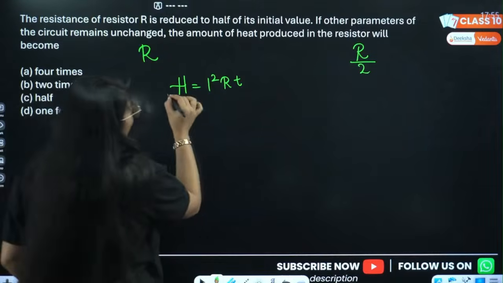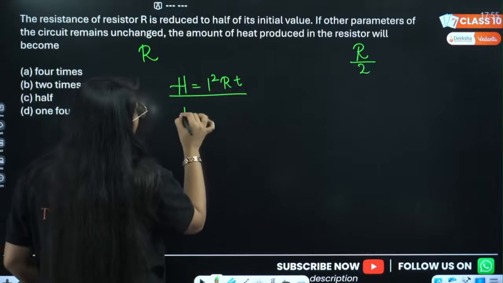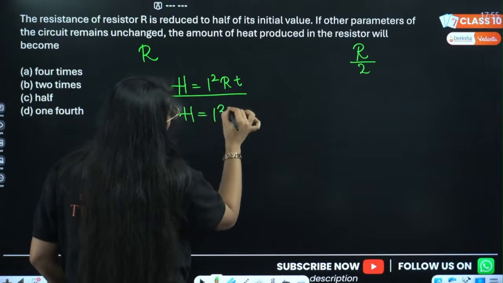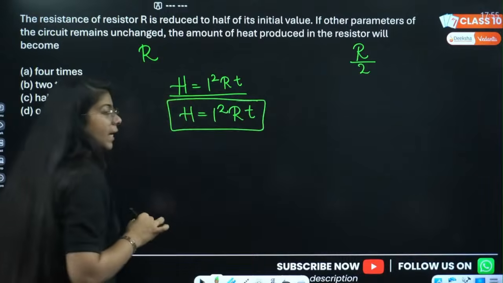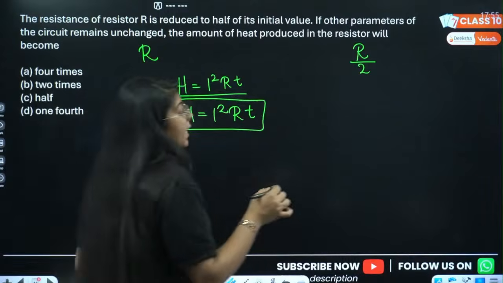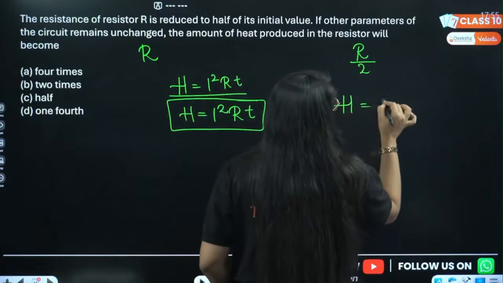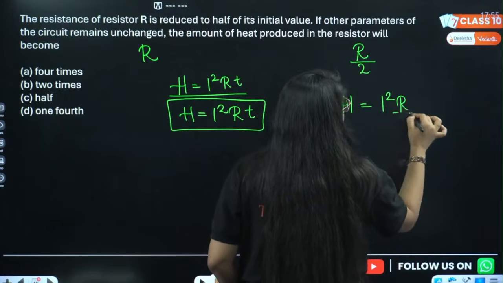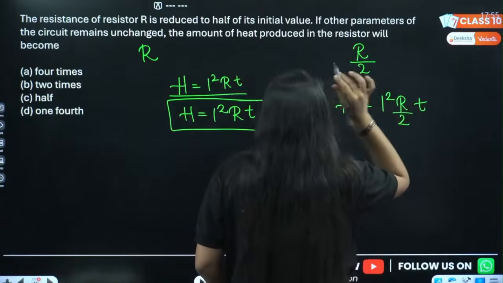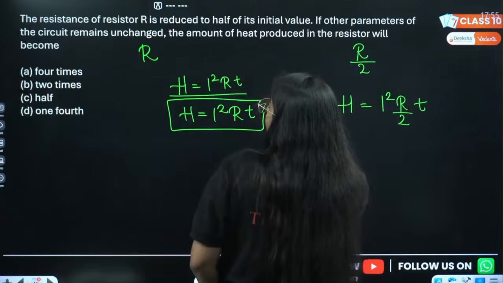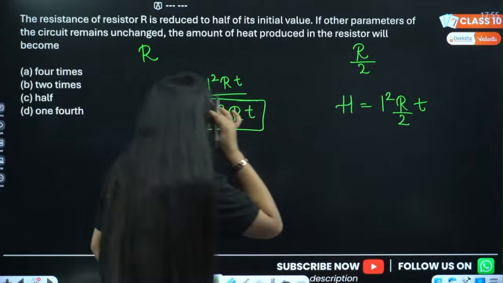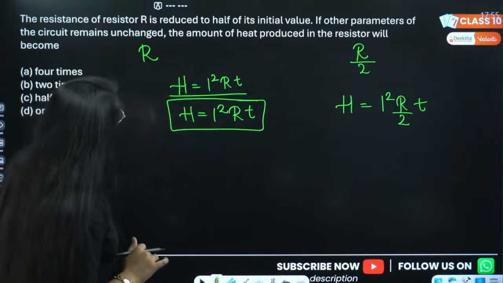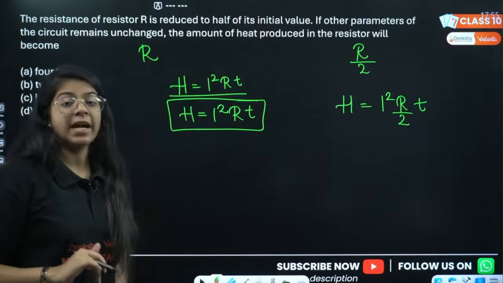No, same formula, I square RT, this is correct. For first it will be simply H equals I square RT, right? But for second it is H equals I square into R by 2 into T, right? Wait, how do you decide which formula to use?